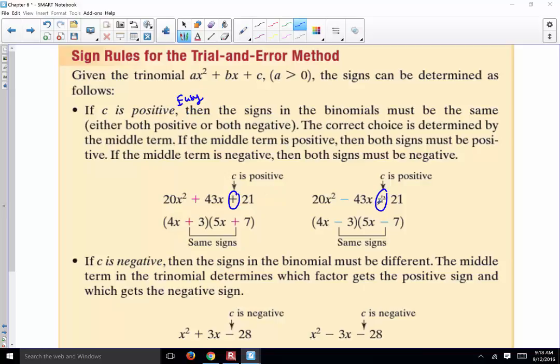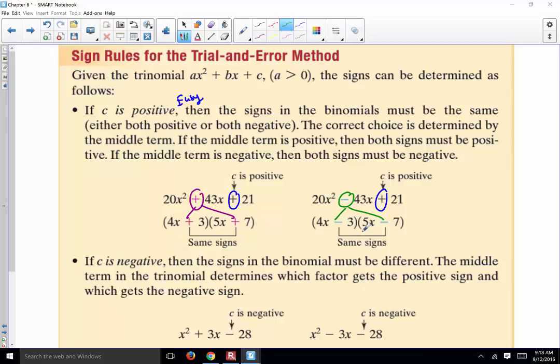Because if the last number is positive, but the middle term is also positive, then the pieces you're going to come up with here will be positive, same sign as this one. The last number positive, however, the middle number is negative, then you will end up with negative factors.